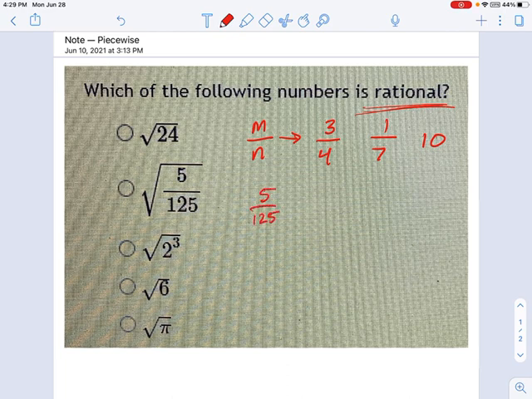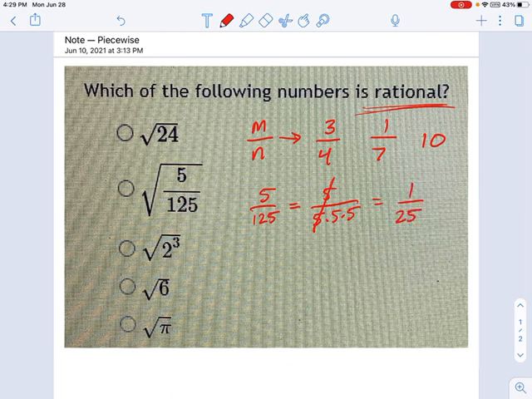That's a fraction that could be reduced. If you think about what 125 is, 125 is 5 times 5 times 5. And a pair of 5s cancels out, so what you get is 1/25.